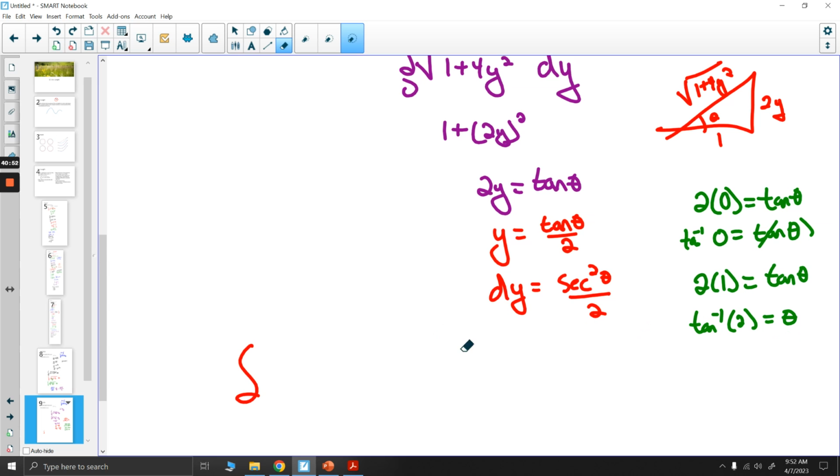Okay, since I couldn't think of something really nice, and I'm sure if I spent a little bit of time I could find it, but because again, tangent is sine theta over cosine theta, so that would be 2 cosine theta is sine theta.